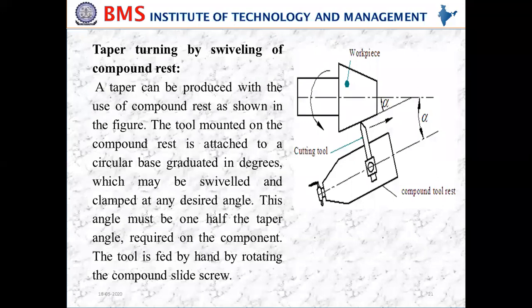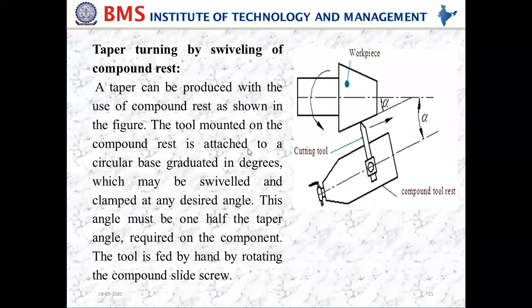There are two methods as per your syllabus. The first is taper turning by swiveling the compound rest. You calculate the angle using tan inverse of (D minus d) by 2L, and then the compound rest has to be rotated to the given angle alpha.